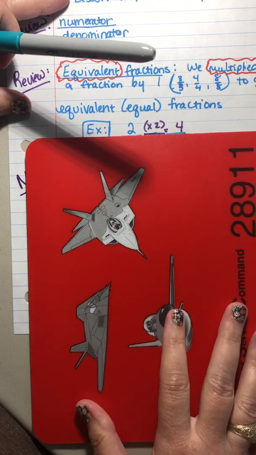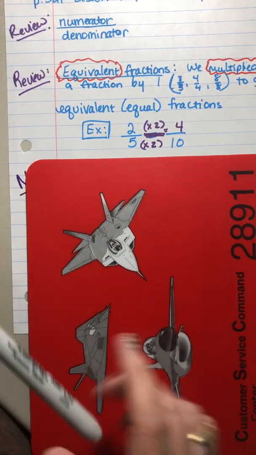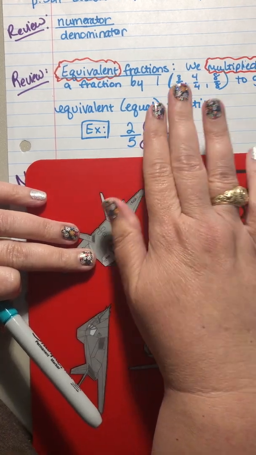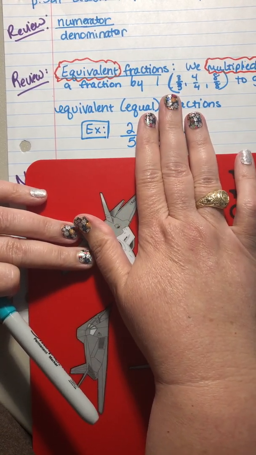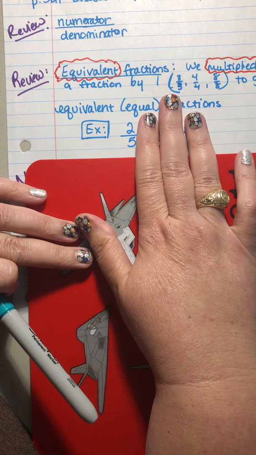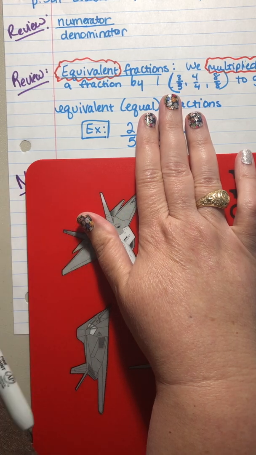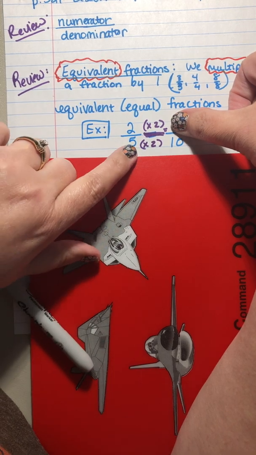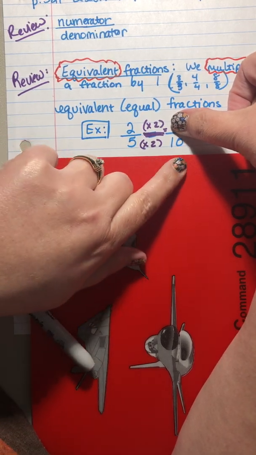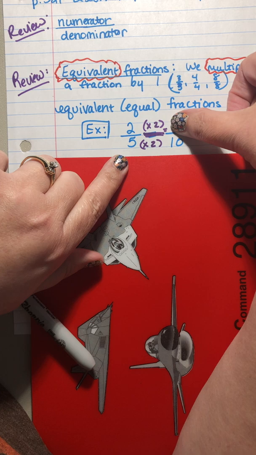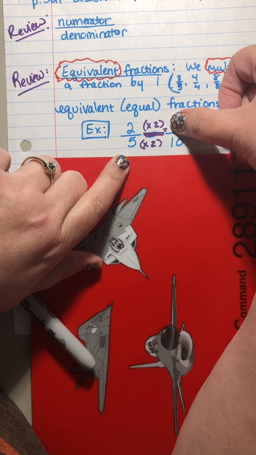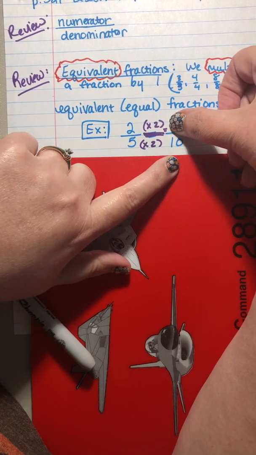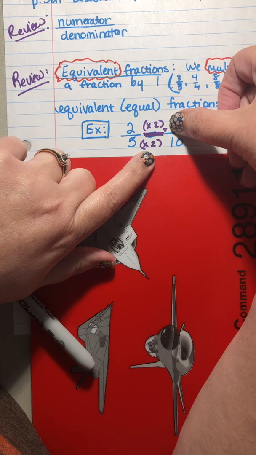Okay, so now let me show a quick example of that. If we had the fraction 2/5 to start out with, and we were told to find an equivalent fraction with a denominator of 10, I would have to look at my 5 and my 10 and ask, what number did I multiply 5 by to get to 10? I know that it is 2.